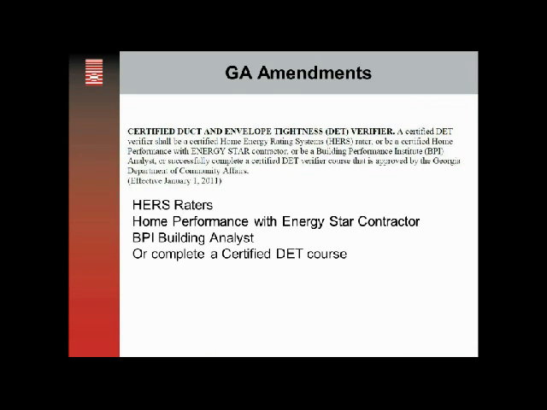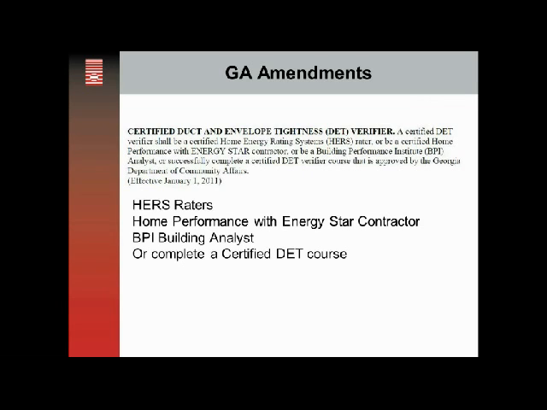The Georgia amendment came up with this language. It said, certified duct and envelope tightness verifier. A certified DET verifier shall be a certified home energy HERS rater, or a certified Home Performance with Energy Star contractor, or a BPI analyst, or someone that has successfully completed a certified DET verifier course approved by the Department of Community Affairs.